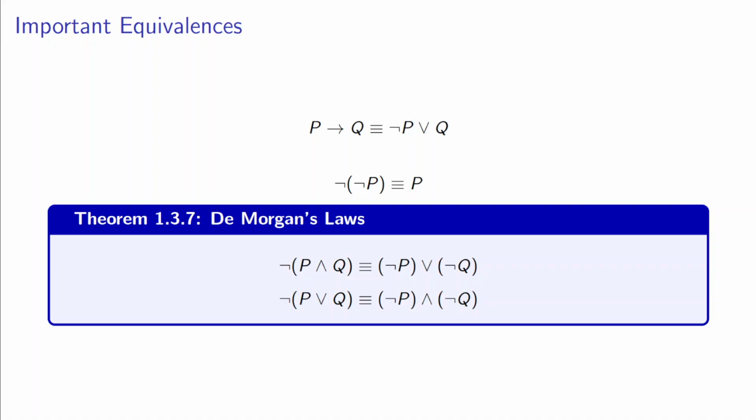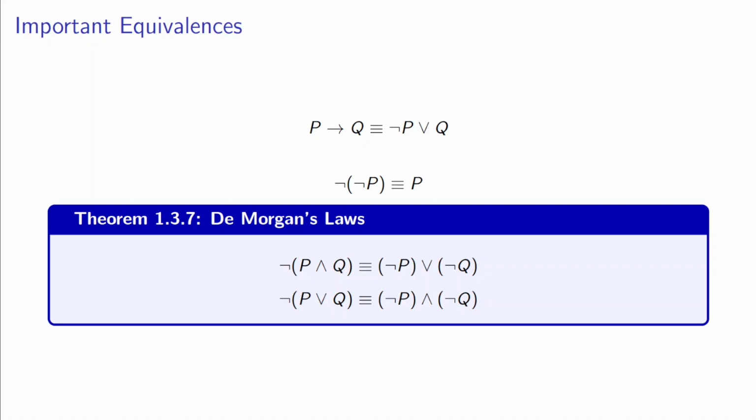The negation of negation P, so not P, is equivalent to P. And then we have what are called De Morgan's laws. These allow us to distribute negation over an and or an or.